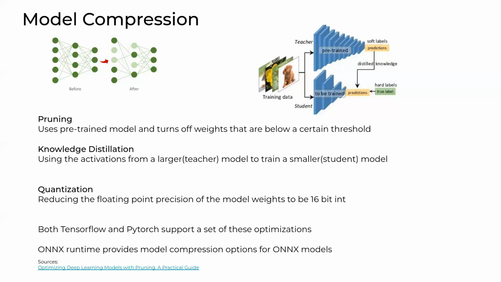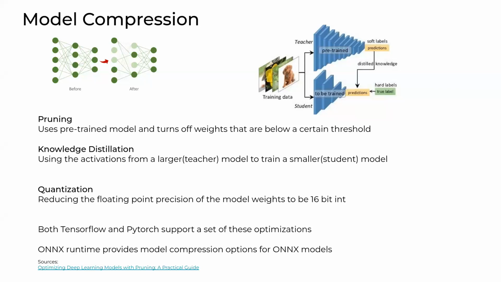Model compression using pruning might have certain drawbacks, and to overcome those, another technique called knowledge distillation can be used. The idea is that you have a larger network which is very compute heavy, but you want to train a smaller network that doesn't have as much inertia as the larger network.